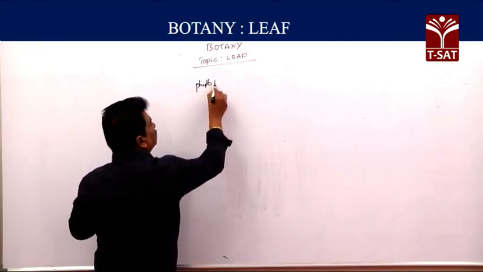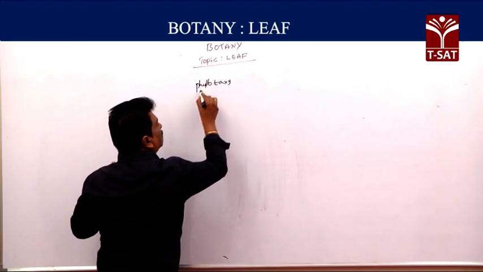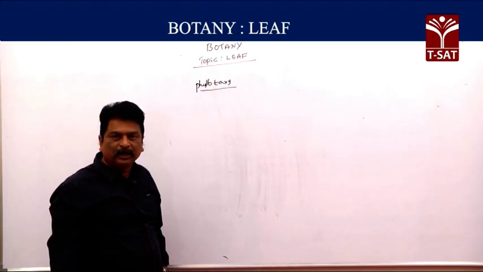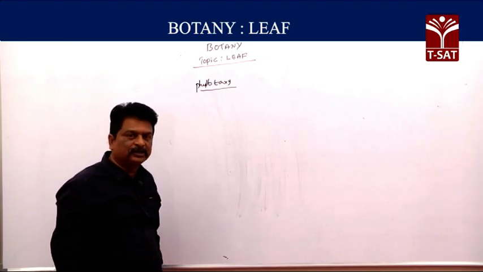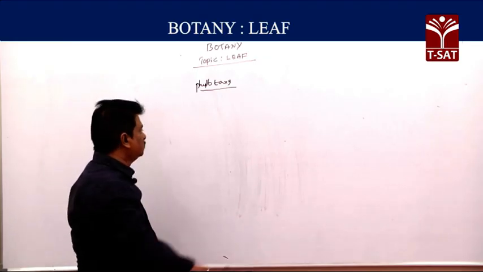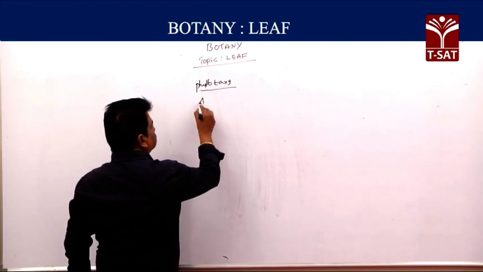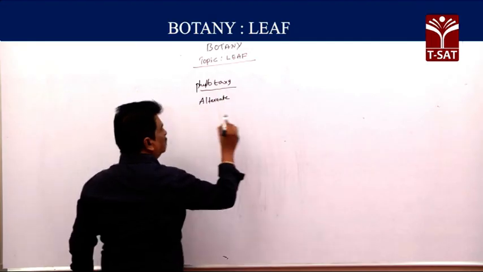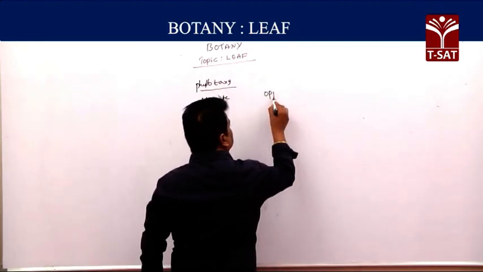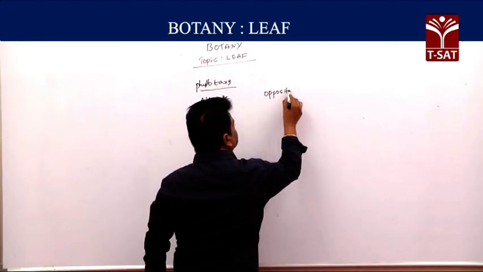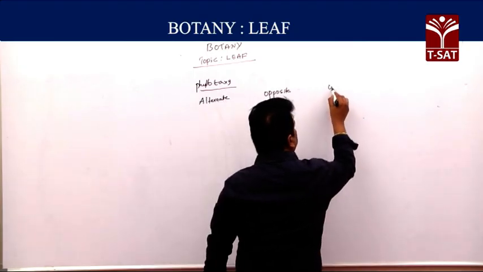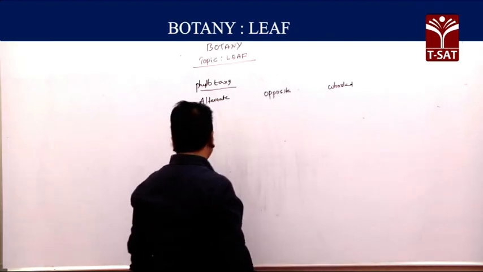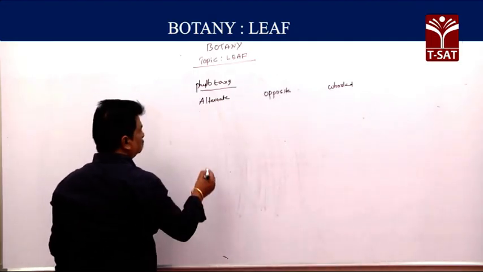So once again, phyllotaxy means arrangement of leaves on stem or branches. There are 3 types of phyllotaxy. One is alternate, second one opposite phyllotaxy, and third one whorled phyllotaxy. So first one, alternate phyllotaxy.